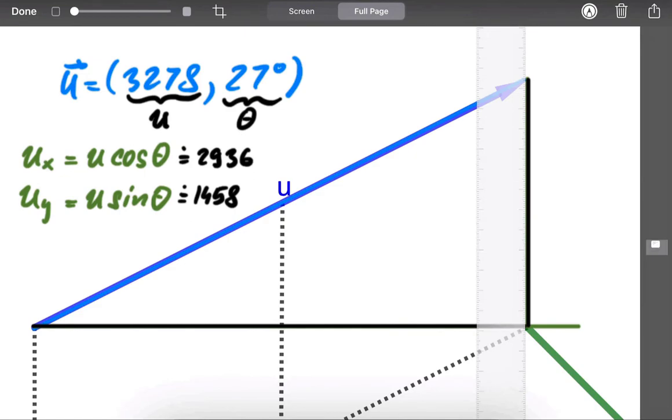Now we have to take our calculators and see what the predicted values are. So using 3278 and cosine of 27 gives us 2921. So that is the x component, and the y component is 1488.